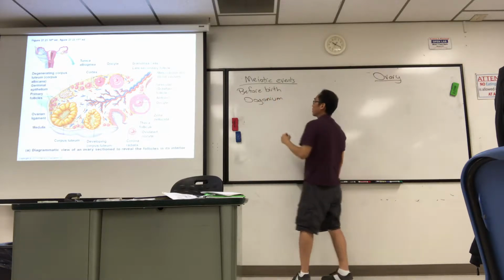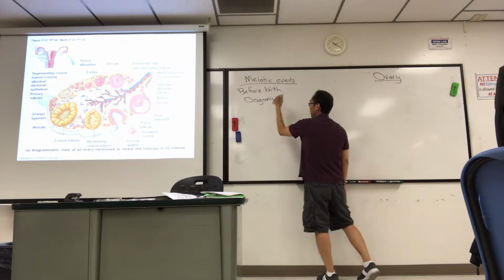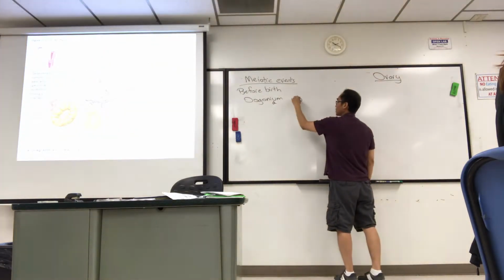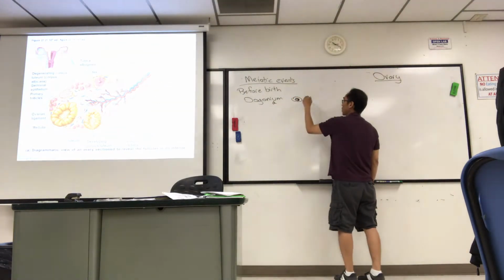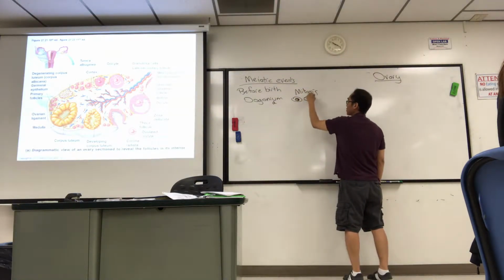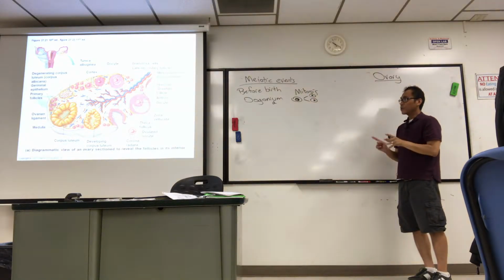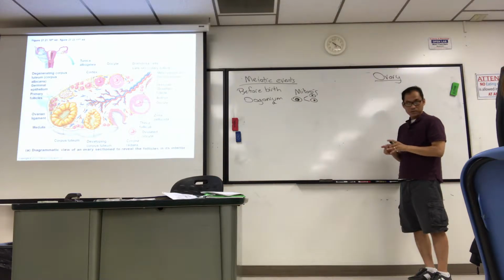Oogonium is singular; oogonia is plural. Let's say you have one cell. They're going to undergo mitosis first, not meiosis, where one cell becomes 2 and so forth. Regular cell division to proliferate the number of germline cells, the eggs, the oogonia.